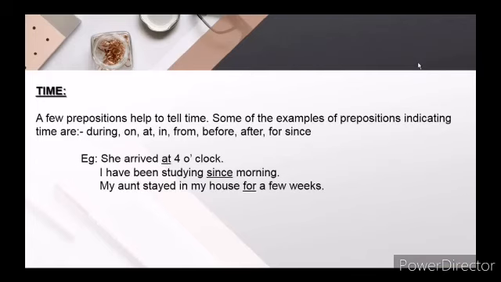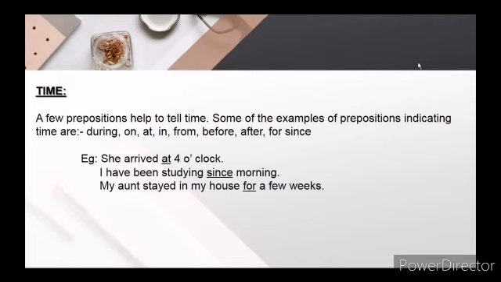Time. A few prepositions help to tell time. They are used to refer to time. Some of the examples of prepositions indicating time are during, on, at, in, from, before, after, for, since.